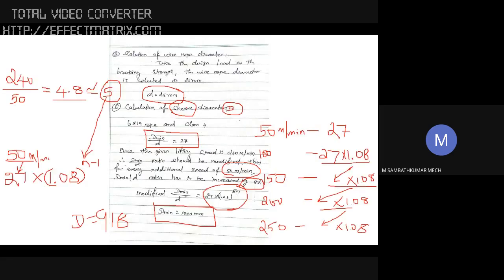Or for 6 into 19 or 37, you should use 0.4 into d squared, where d is equal to 25 mm, which we selected in the third step. So 0.4 into 25 squared is equal to 250 mm square, the area of the cross section of the rope.